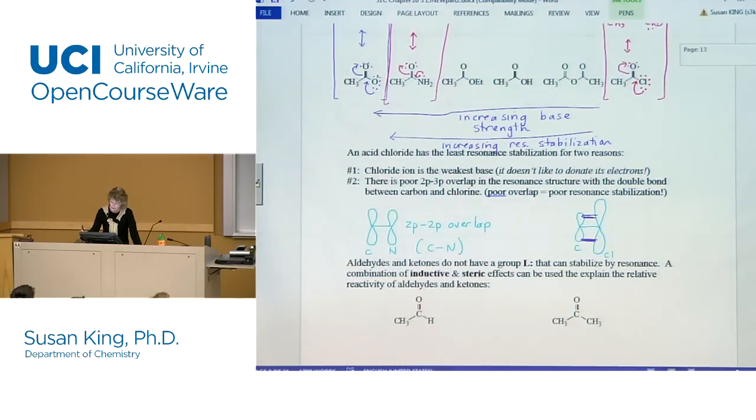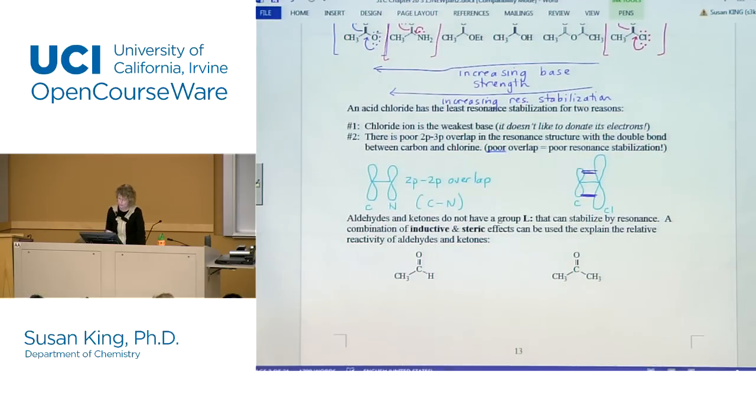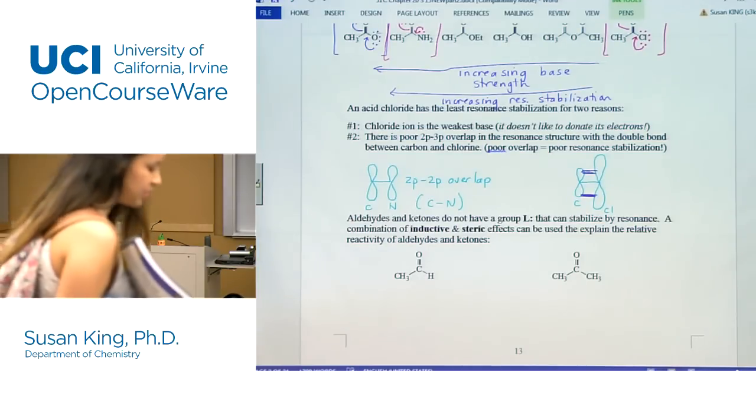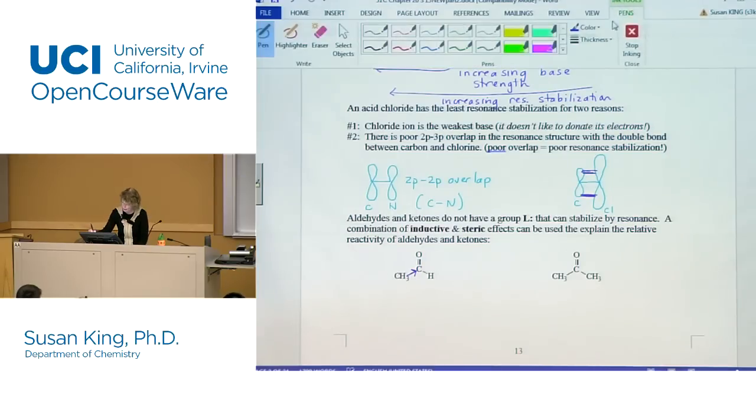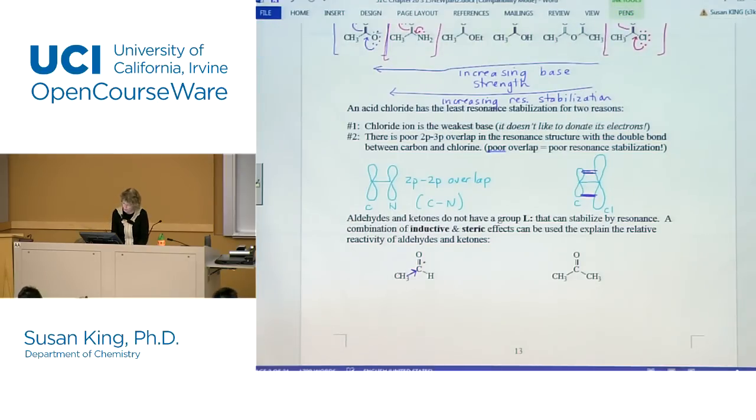All right, so aldehydes and ketones are in their own category because they don't have a group L that can stabilize by resonance. So let's talk about them separately, and then we'll summarize everything. So a combination of inductive and steric effects are what we use because we don't have resonance effects here to talk about. But if you remember from 51A that methyl groups are slightly electron donating. Okay, then that means that, again, we're going to do the same thing we did previously where we're looking at partial positive charge on the carbonyl carbon and seeing which one has the most partial positive.